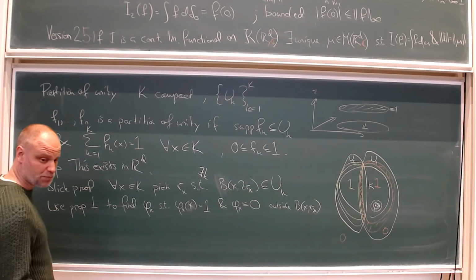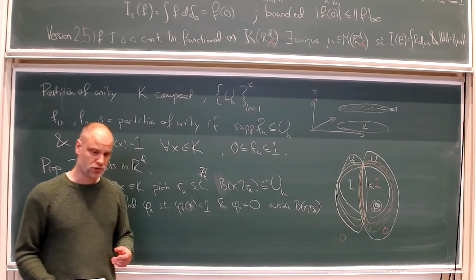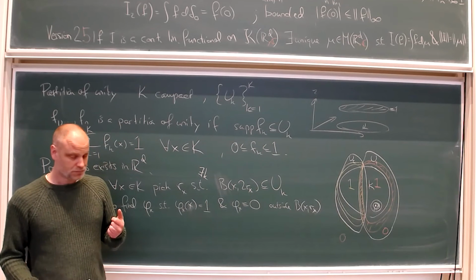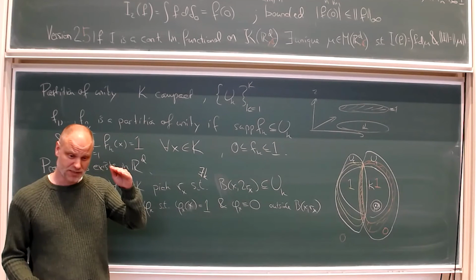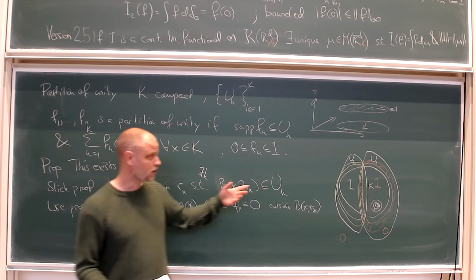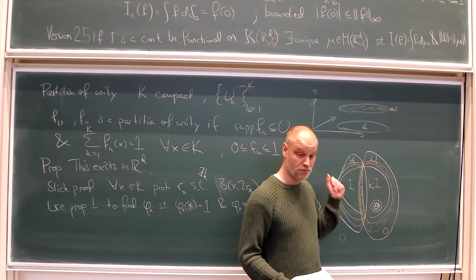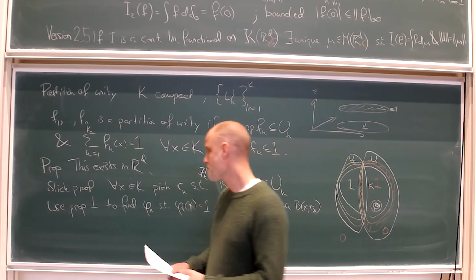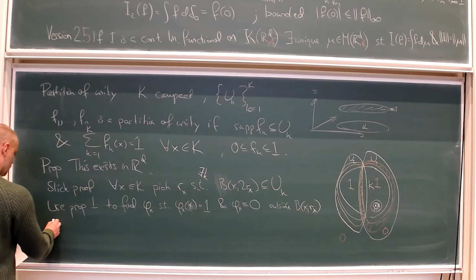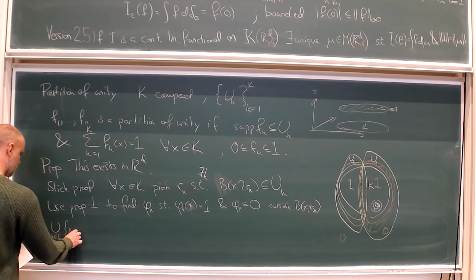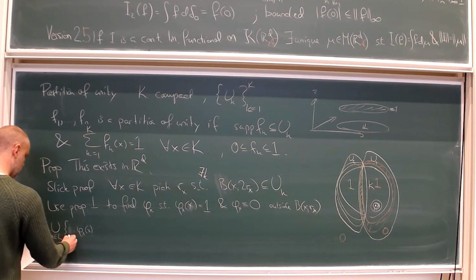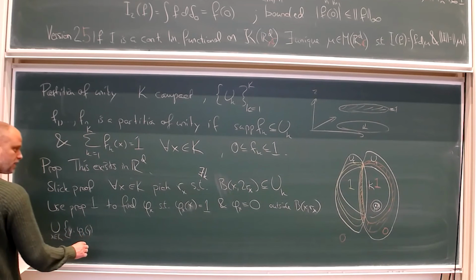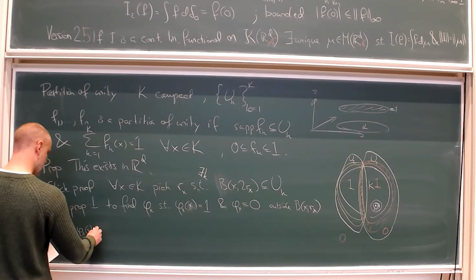Okay, so now I have uncountably many points and uncountably many of these functions, but for each phi x, the set of points where it's strictly bigger than 0 becomes a covering of my set K, right? So the union over x in K of the set of points y such that phi x of y is bigger than 0.